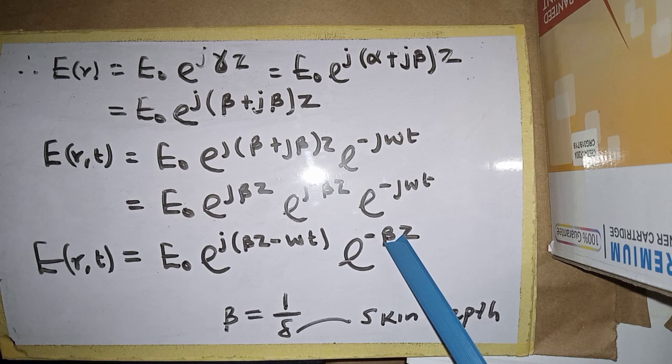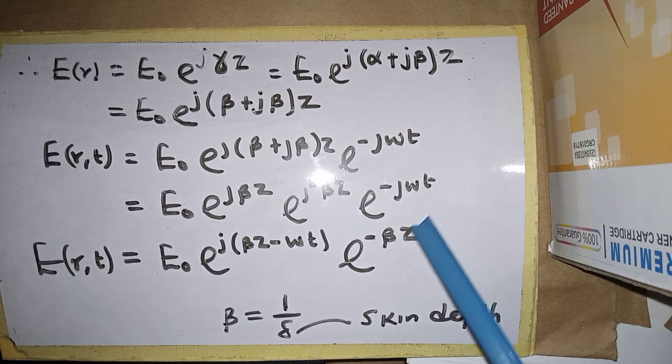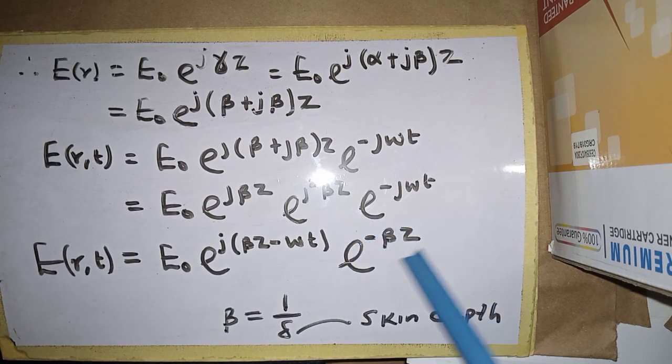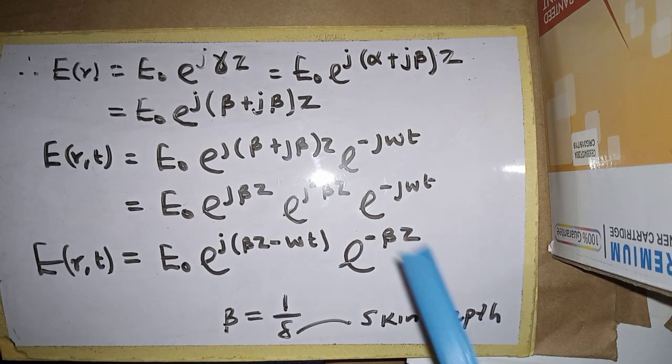Our beta here is equal to 1 all over delta, where delta is known as the skin depth. And how is beta equal to 1 all over delta? When you see this expression, e raised to the power minus any expression, and there is no complex number there, it shows that the multiplication of these two must give us a constant without any unit.